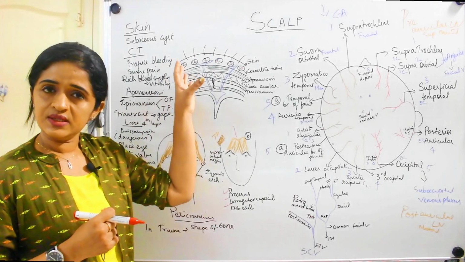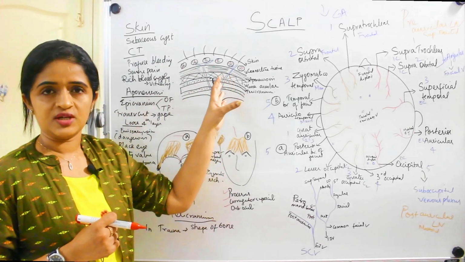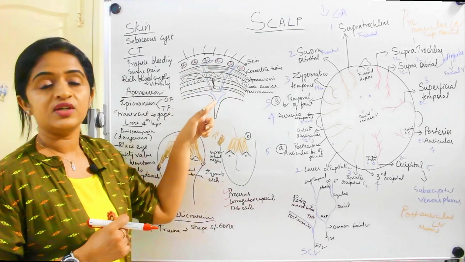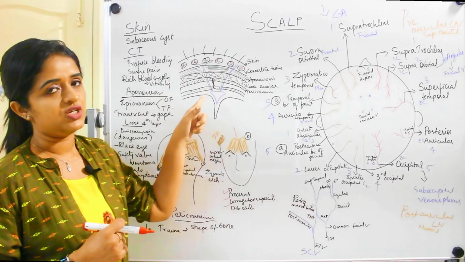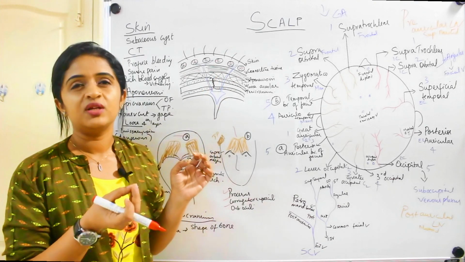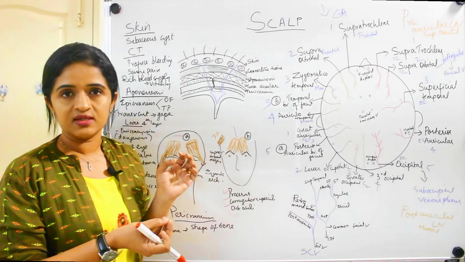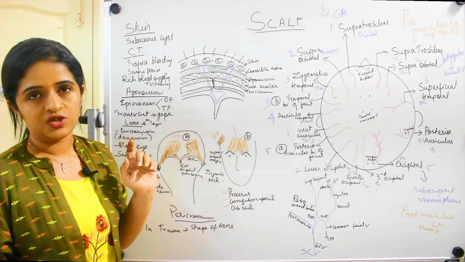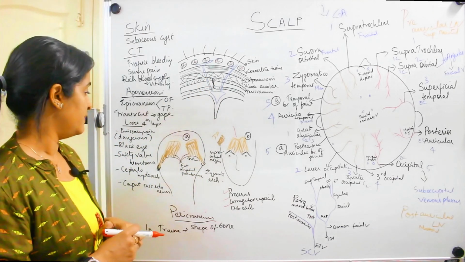So whenever there is an infection in the scalp region, these emissary veins can carry this infection into the cranial cavity because of the connection to the dural venous sinus. So any mild infection in the scalp, if left unattended, can cause infection inside the cranial cavity because of this connection. That also you have to remember.